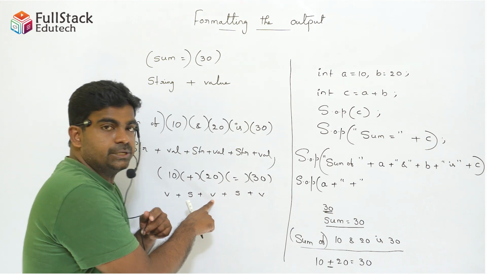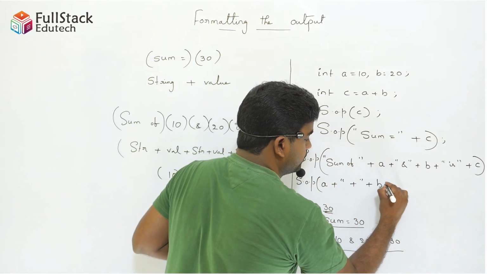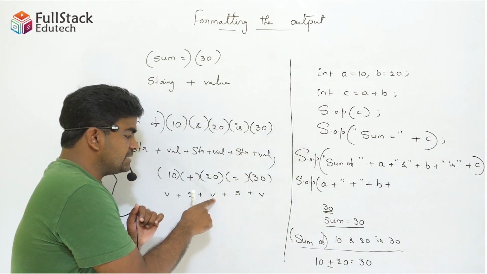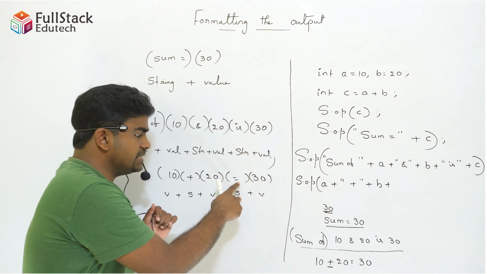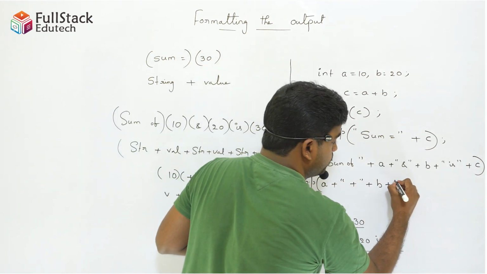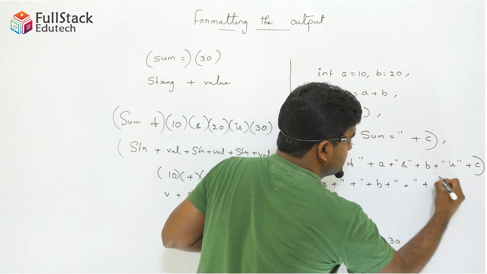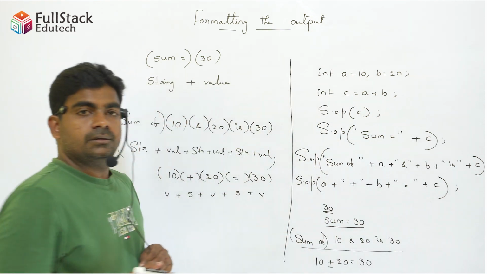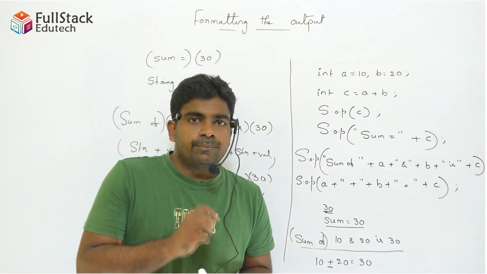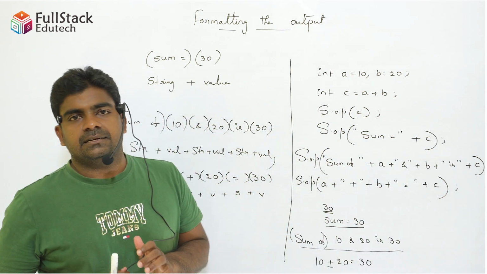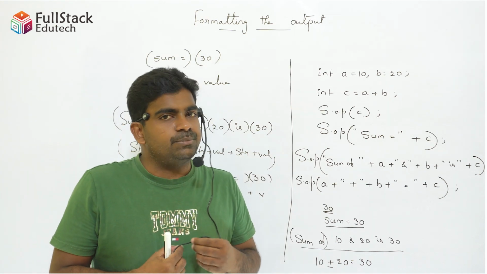Next one is a value, B. Plus, next again a string. What is the string? Equal to. Plus C. That's all. So whenever you are performing the addition operation, I just want to display the result.